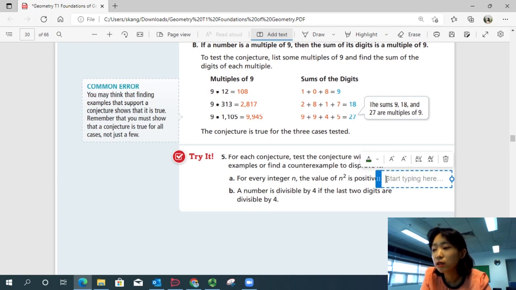But 0 is neither positive nor negative. So when n is equal to 0, 0 squared is 0, and 0 is neither negative nor positive.